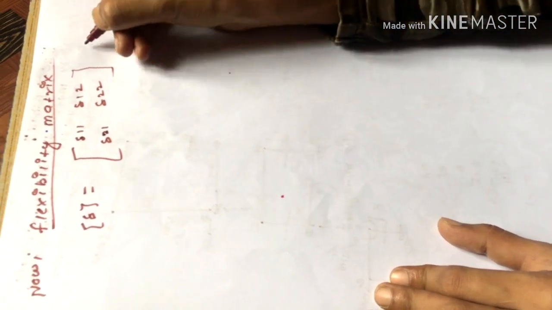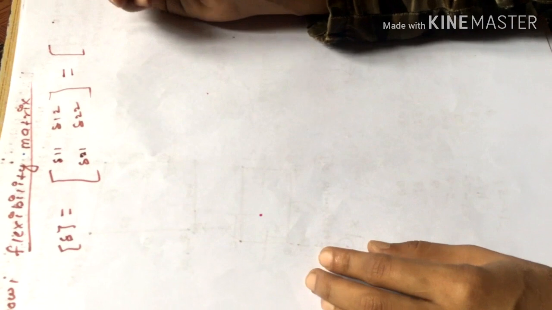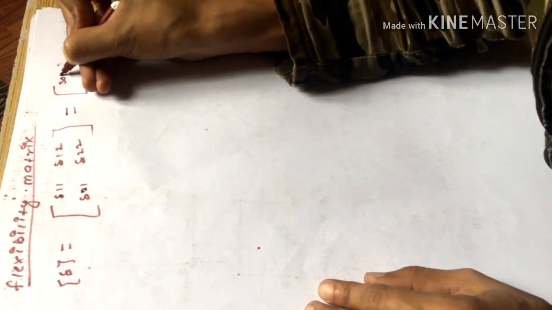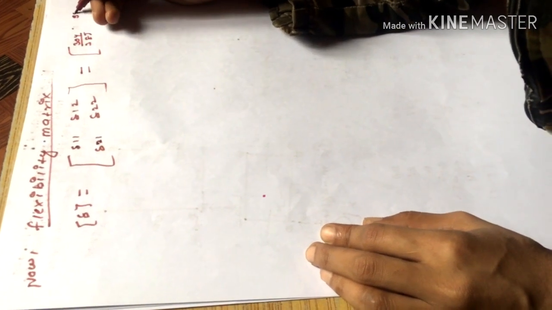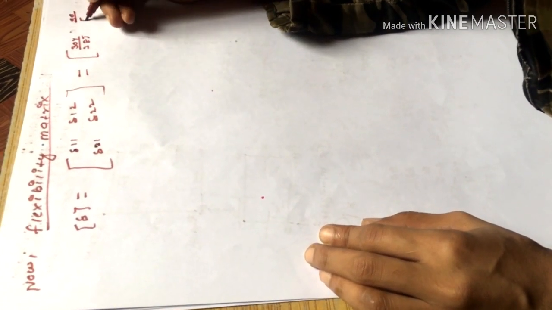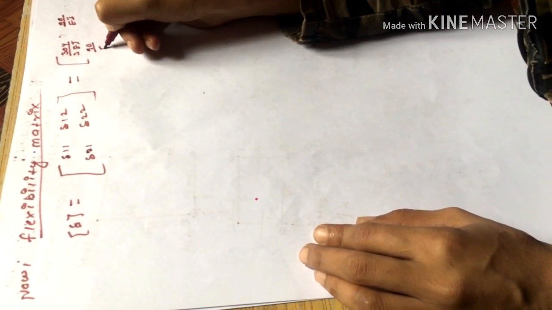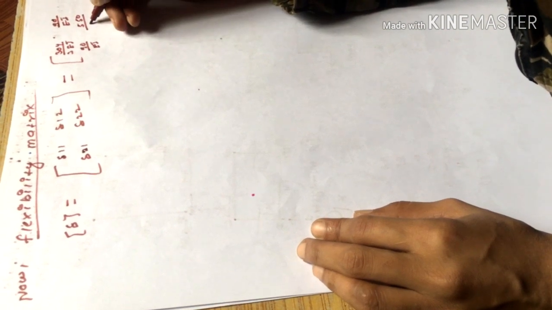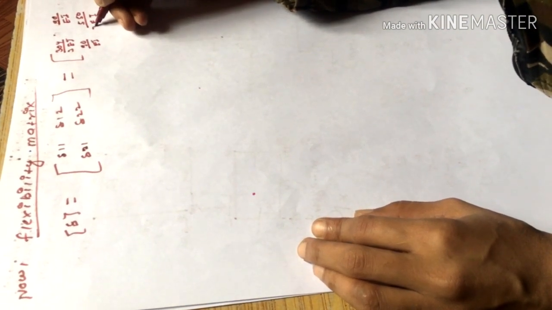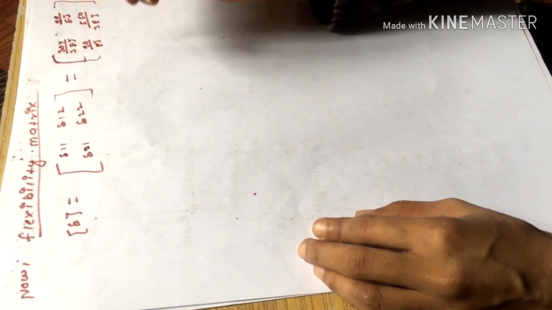Let us substitute the values of all these terms. We will get 304 divided by 3EI, 90 divided by EI, also here 90 divided by EI, 550 divided by 3EI. This is the flexibility matrix.